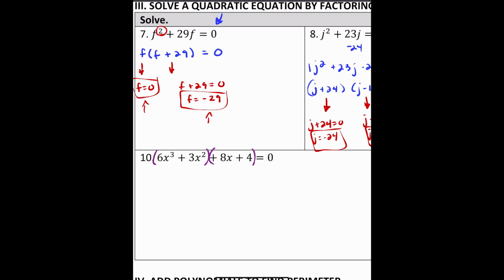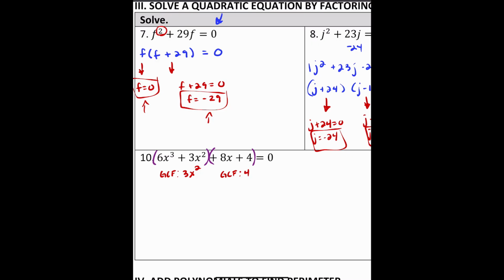So the GCF between 6x cubed and 3x squared is 3x squared. Okay, so we know that 3 goes into 6 and 3 goes into 3. They both have an x, and the smallest exponent is 2. So the GCF between these 2 terms is 3x squared.